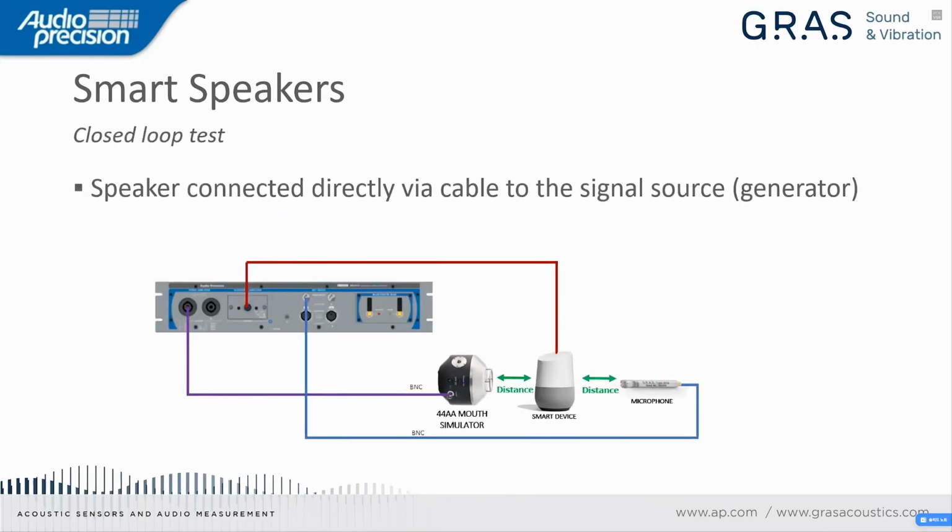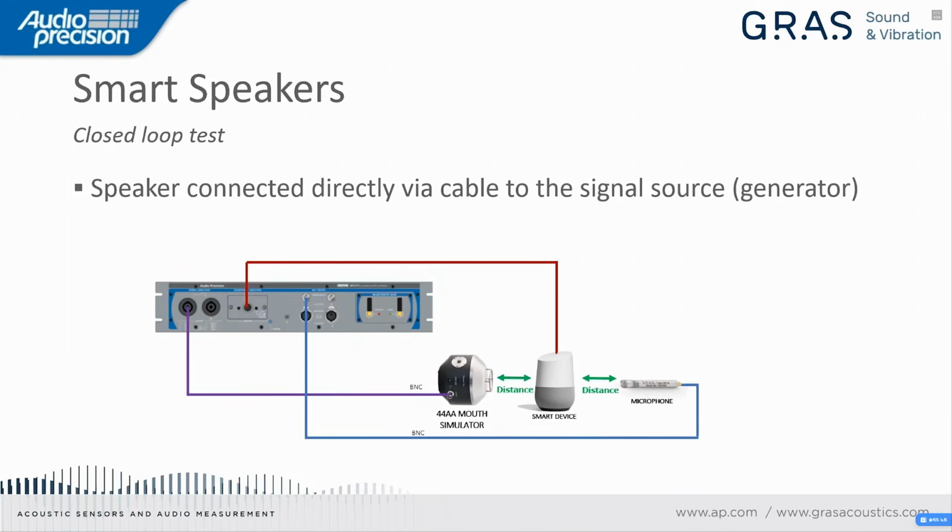When we are doing tests, especially on smart speakers, we actually have different ways of doing these tests. We can either do it as a closed loop test, where we have made a wired, direct connection between our test equipment and the smart device under test.